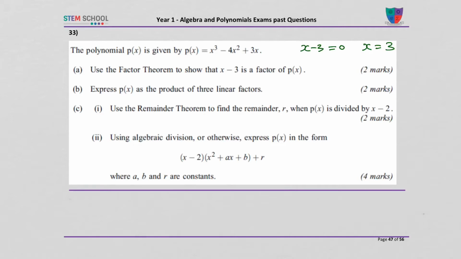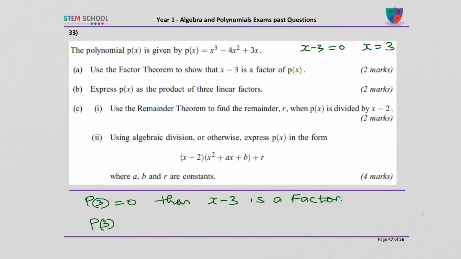So then we put p of 3, and if p of 3 equals 0, then x minus 3 is a factor. So let's try this now.